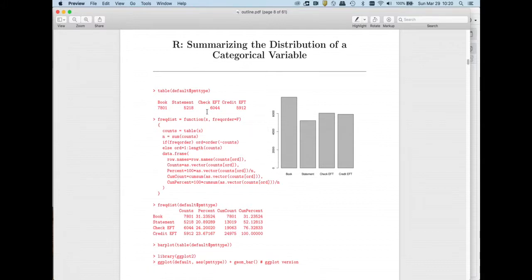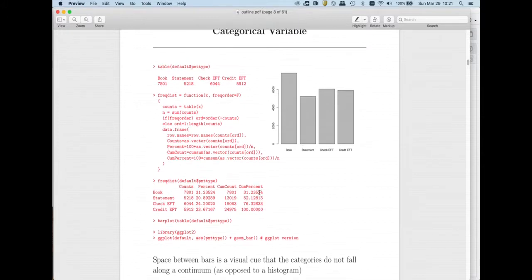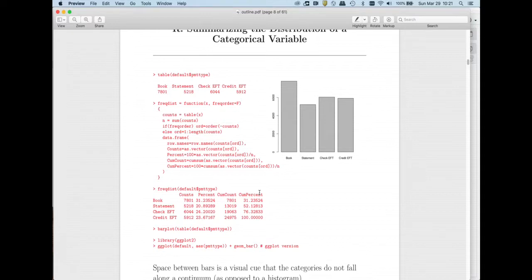What freakdist also does is it computes the percentages, and then it computes the cumulative counts and cumulative percentages, which are the things that we're usually interested in when we compute a frequency distribution. All right. There's also a set of visual displays that we can use.